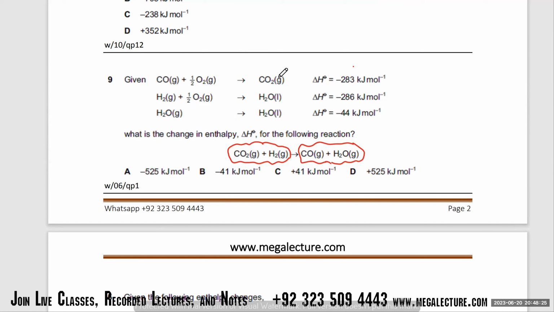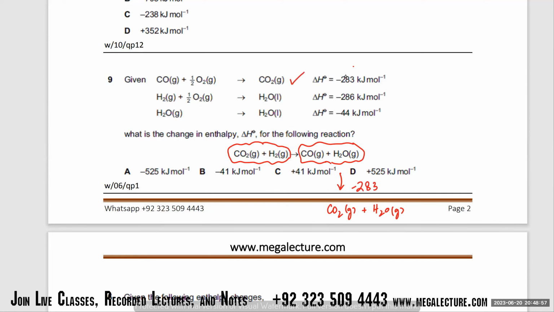I see carbon monoxide over here, so I can turn it into carbon dioxide gas. Water remains as it is. I did not do anything to water in this arrow over here. So that's minus 283. Okay, the first part is done. The first equation, I've connected it.